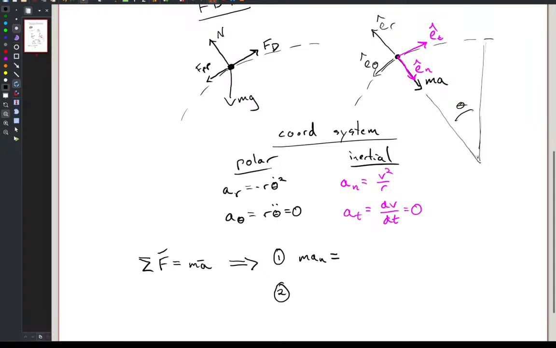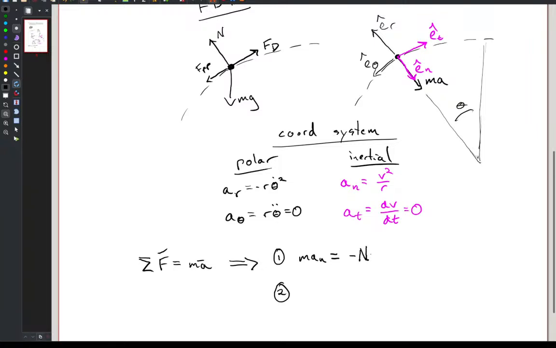Hopefully, right? Normal force should be normal to my path. So yes, normal force is along that a_n. Positive or negative? Is it in the direction of e_n or opposite e_n? Opposite. So we have a negative N.